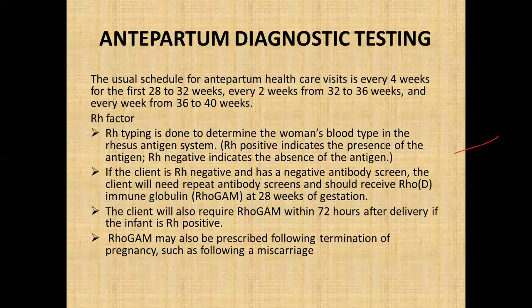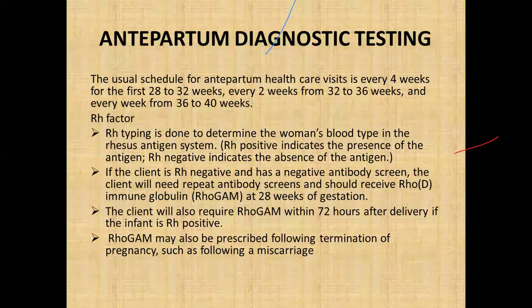Sometimes you don't know the status of the father, and mostly the child picks the rhesus status of the father. So let's say the mother's blood is tested and the mother is negative, and we know the father's status to be also negative.